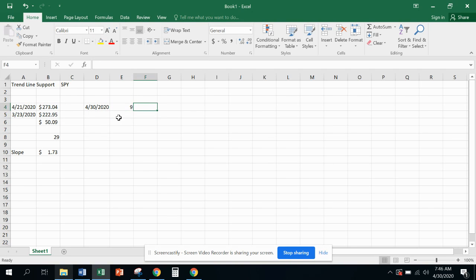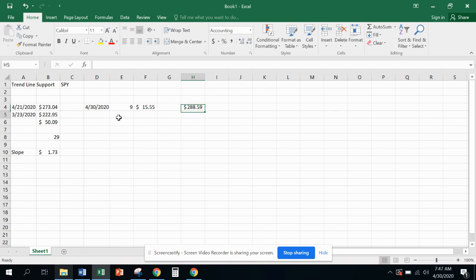Now, take 9 days times your slope. That's going to be how much we've changed from the last known low. That's going to put us at our target date today. So we want to take the last known low and add to it the change in the line.